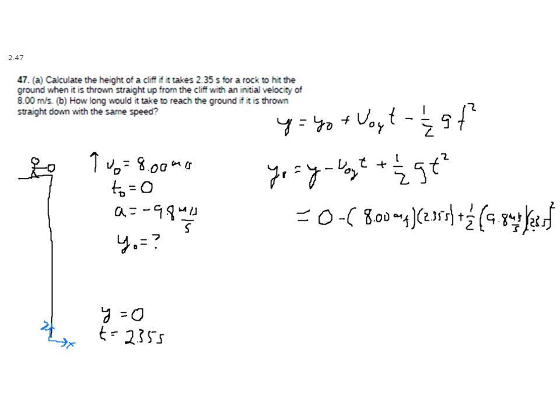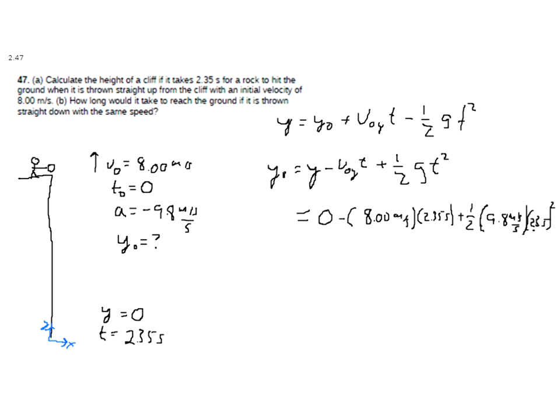So 2 issues. One is, why did I put in 9.8, not negative 9.8? Well, if I use that formula, I accounted for the negative right here. And another, seems kind of weird, why am I subtracting this off and adding this over here? Well, the glib answer is because of the algebra. When I moved these two things over to the other side of the equation, we subtracted v0t and we added 1/2 gt squared.